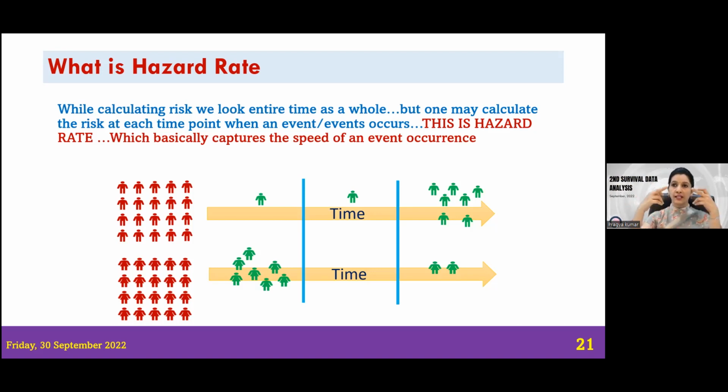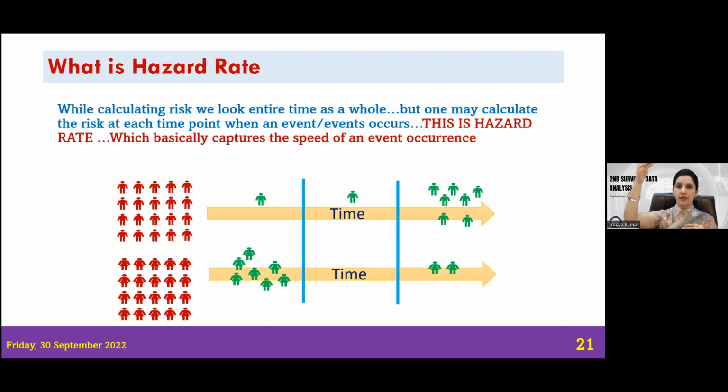Whenever you see that the log minus log curve is crossing, like remember day before yesterday, you people were saying why this log rank is significant, because the two curves are crossing and touching.